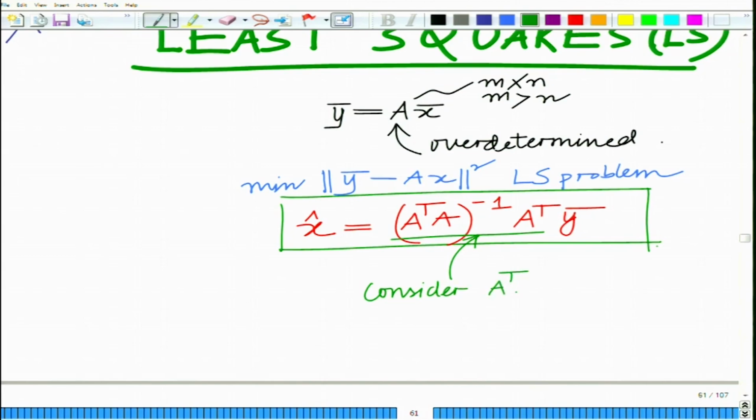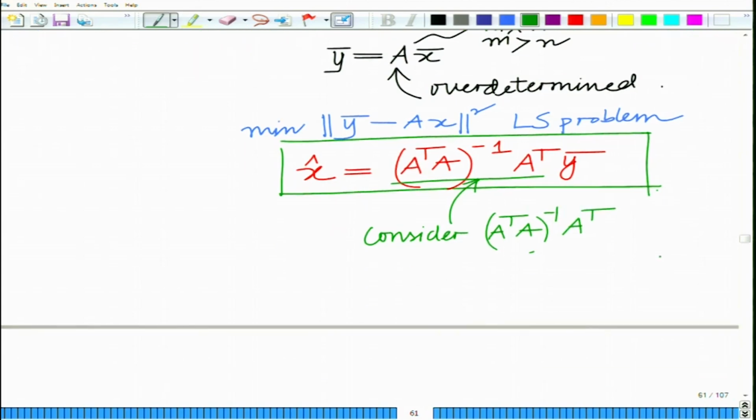Consider the matrix A transpose A inverse into A transpose. We can easily determine the size of this matrix. A is m cross n, so A transpose is n cross m.